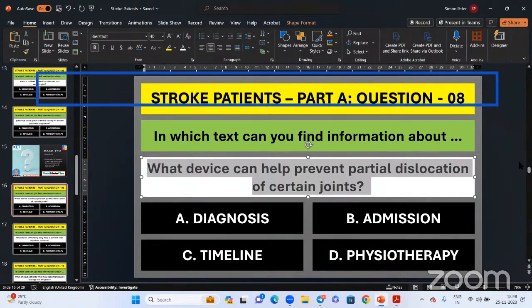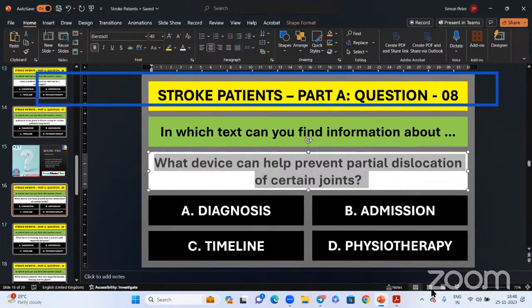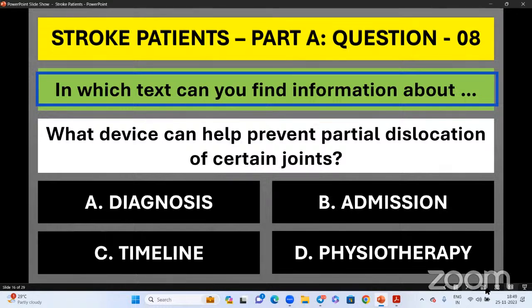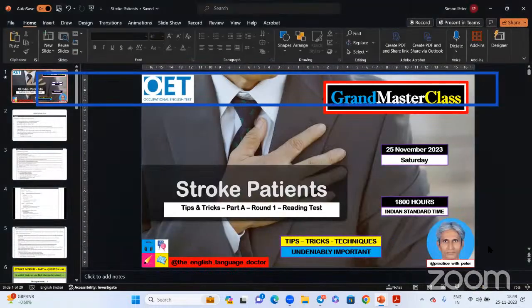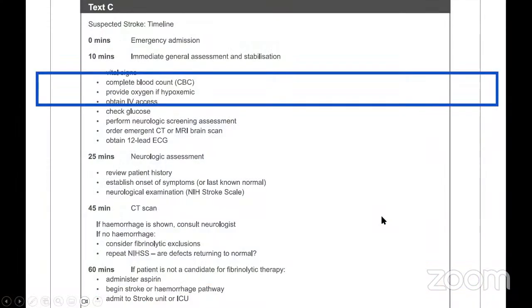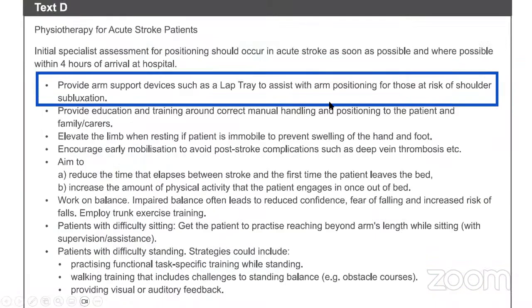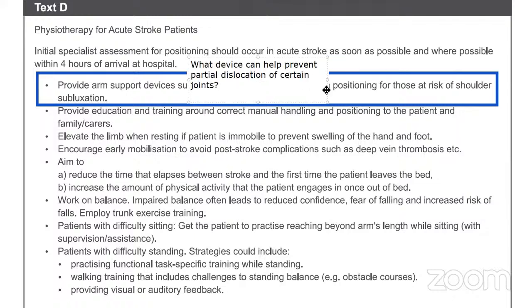Now I am giving that sentence also here.